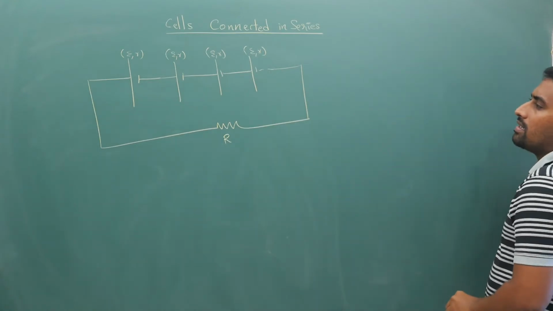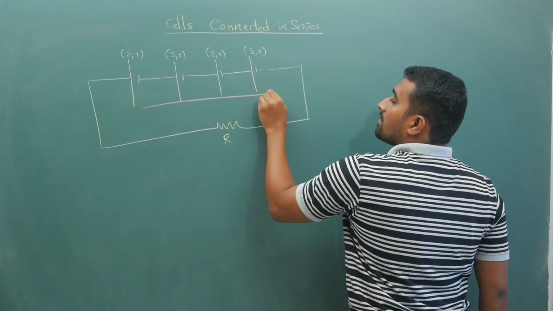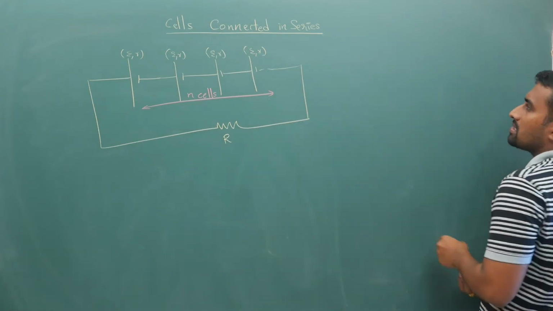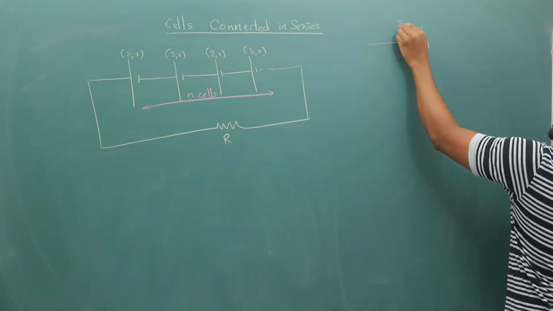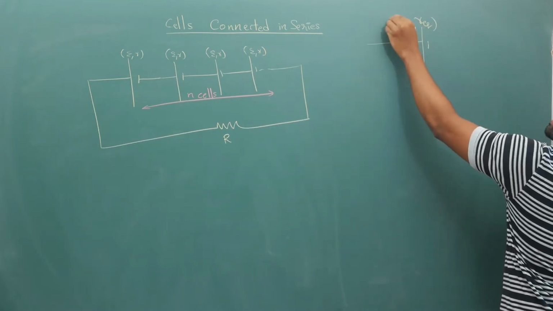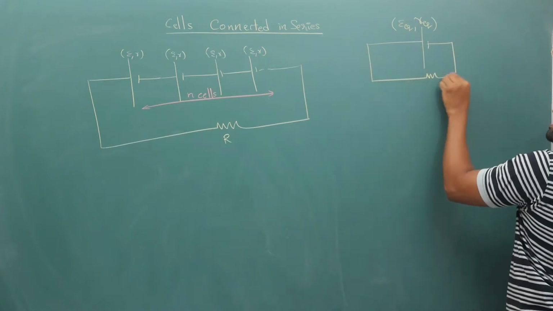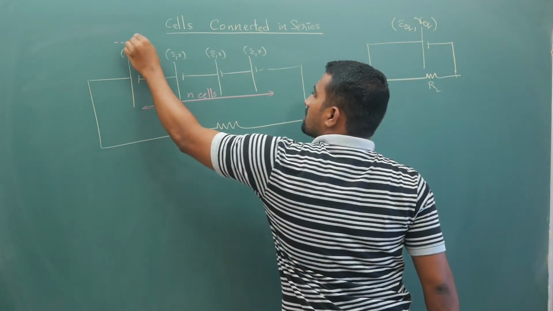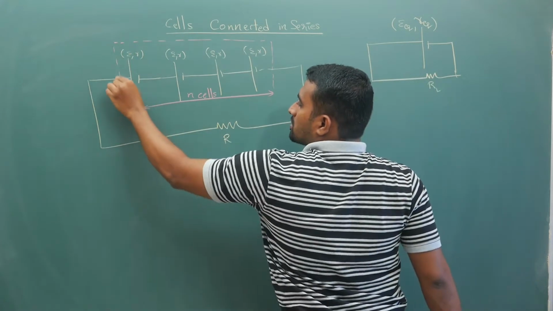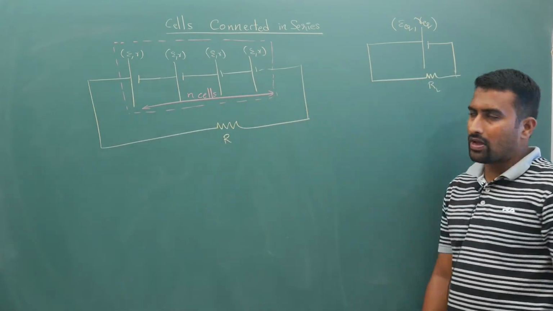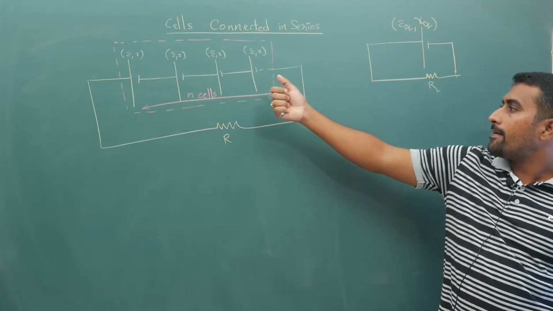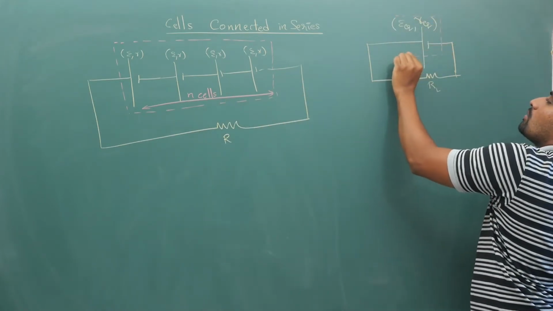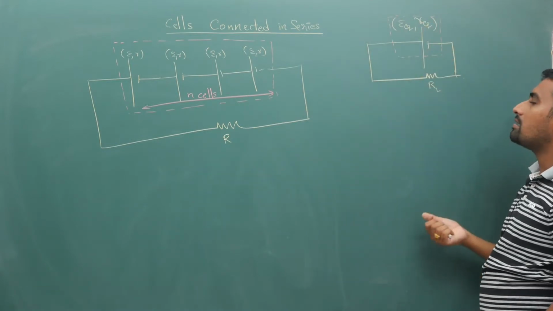Let us say you have totally n cells. What you are going to do is replace these with a single cell whose EMF is E equivalent, whose internal resistance is r equivalent, and which is connected to the load resistance R. If all these cells are replaced by a single cell, it should provide the same amount of current through the load resistor.